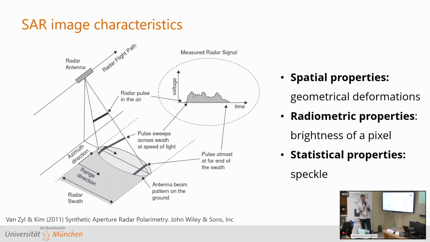Let's say the most important three are depicted here. You have spatial properties to take into account, so how your data actually look. Is there any deformation in your data? Does it look like an optical image or not? There are some radiometric properties, so it's not only the shape of my data, but how bright my pixel actually is.